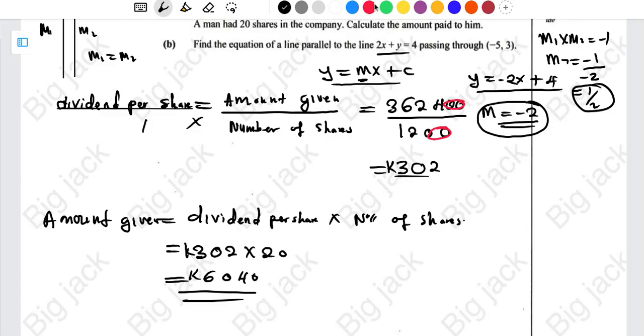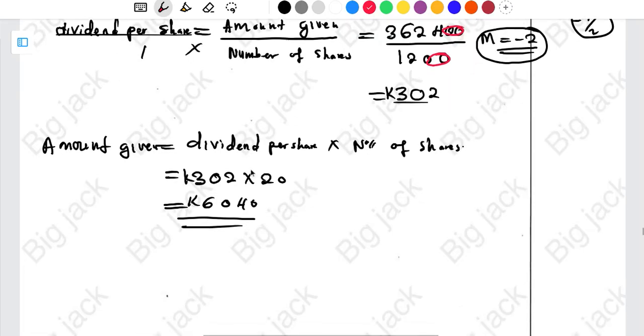Remember the coordinates that we have here. This is the value of x, this is the value of y. So x is -5 and y is 3. We can use the same equation, y equals mx plus c.